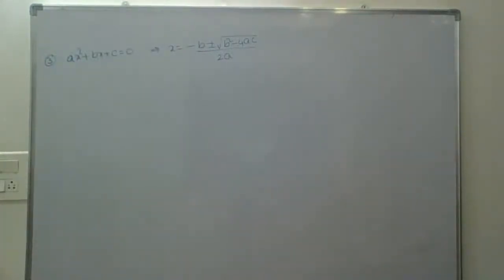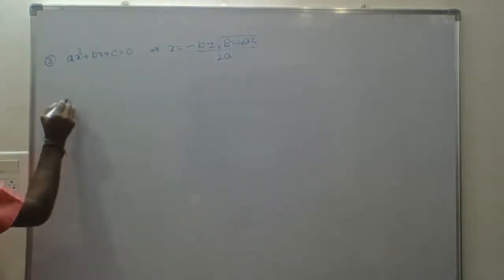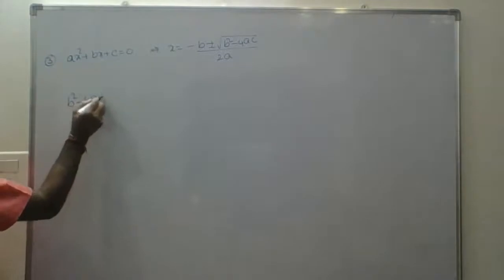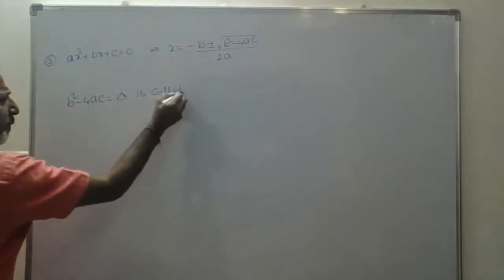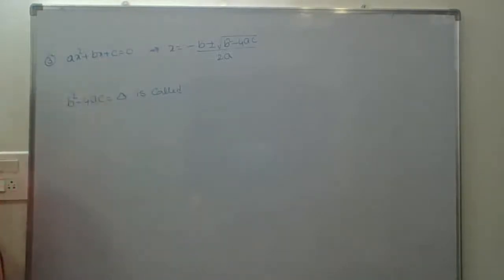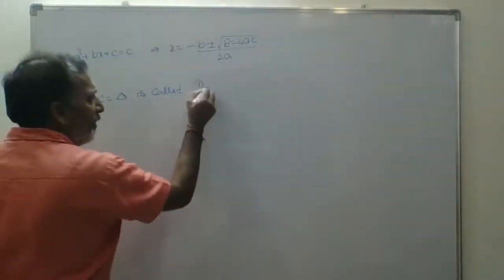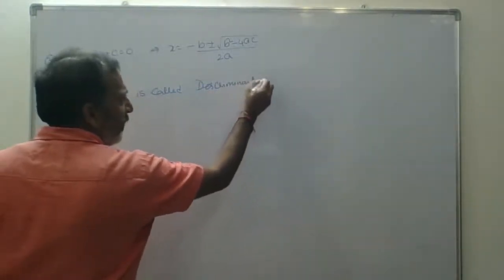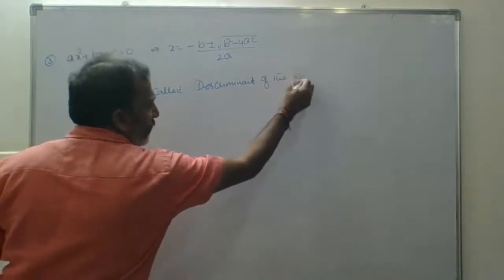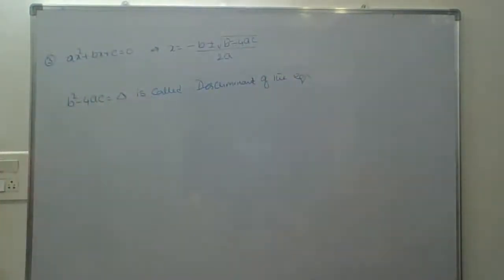Minus b plus or minus root of b square minus 4ac by 2a. This b square minus 4ac, from now on we will represent it by delta, is called the discriminant of the equation.